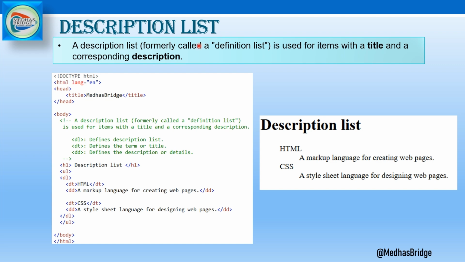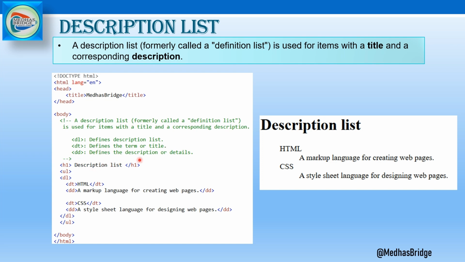Let's see this example. In a description list we use three tags: DL, DT and DD. DL means description list. That's the root element for this section, within which I use DT and DD. DT means a term; it defines a term or title.